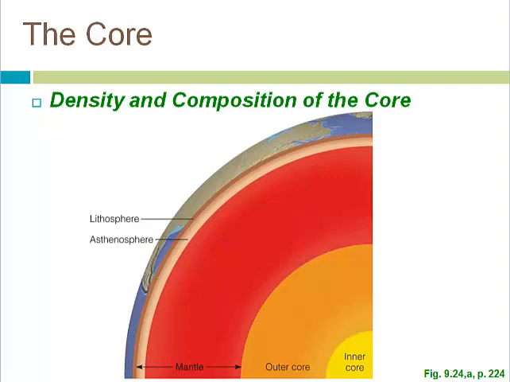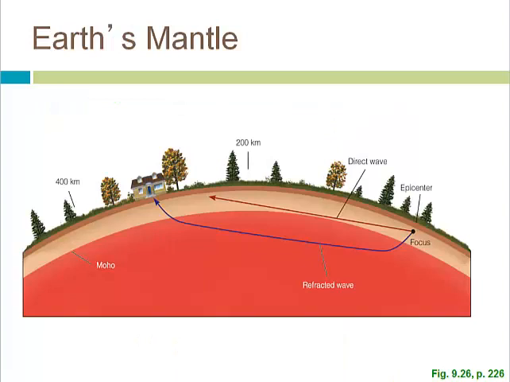So you have the density and composition of the core, we know that, and then we have the density and composition of the inner and the outer cores determined by the P and S waves, and then we actually look at the lithosphere and the asthenosphere based upon, like I said, the MOHO, and this is what it looks like. You have the epicenter of the earthquake, and the transition between the crust and the mantle is known as the Mohorovicic discontinuity, or MOHO discontinuity.